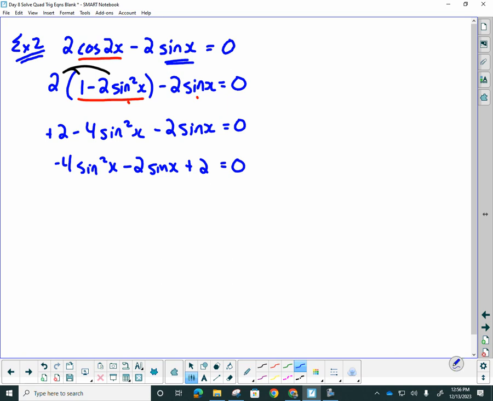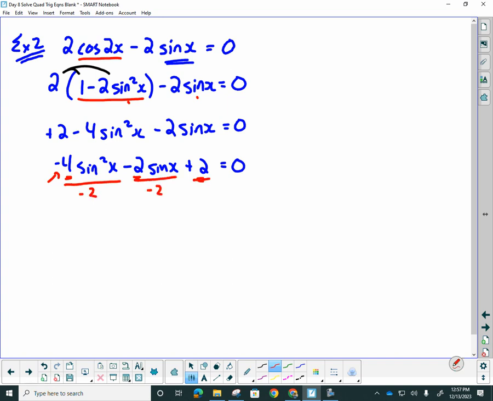Now this looks almost like the quadratic that I could factor, but remember I'm not a fan of having the first number, a, be negative, and I'm also noticing that I've got a 4, a 2, and a 2, so I could make my life a little bit easier by dividing everything by negative 2.